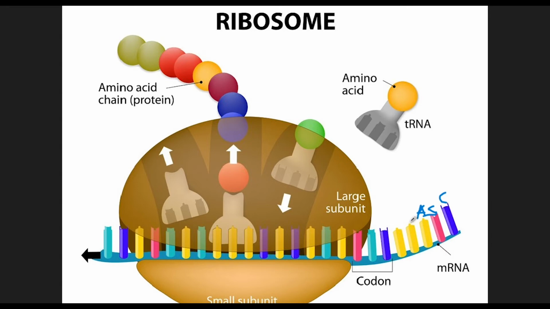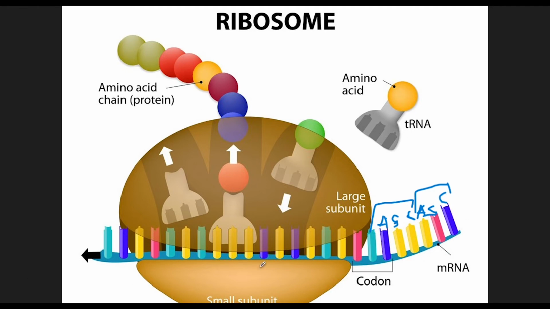Then the yellow one again is cytosine, this one is guanine, and this one is adenine. Now this is the messenger RNA with the codes. They are triplet codes. We count them as 3, 3.